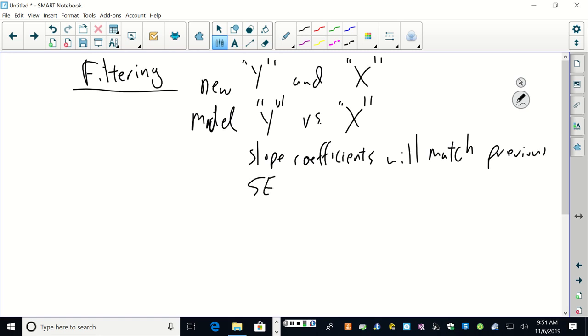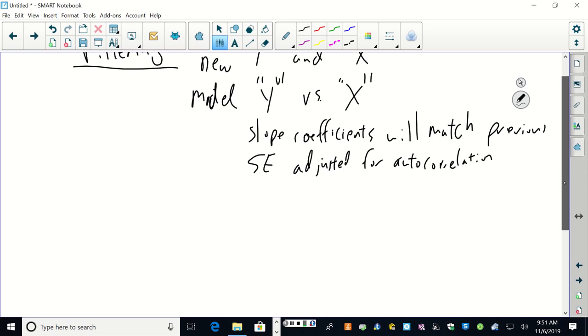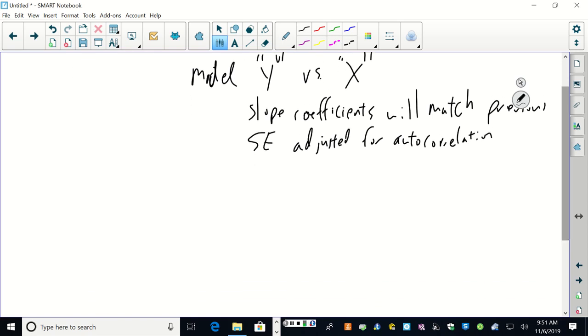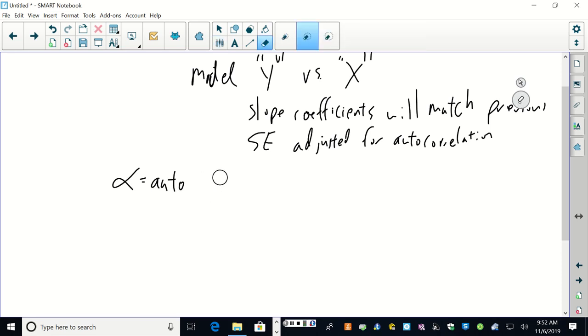Standard errors will be adjusted for the autocorrelation, so we can better judge significance and make confidence intervals like that. And so the filtering is to take, if alpha is our autocorrelation coefficient, the autoregression coefficient, that's what it's called.